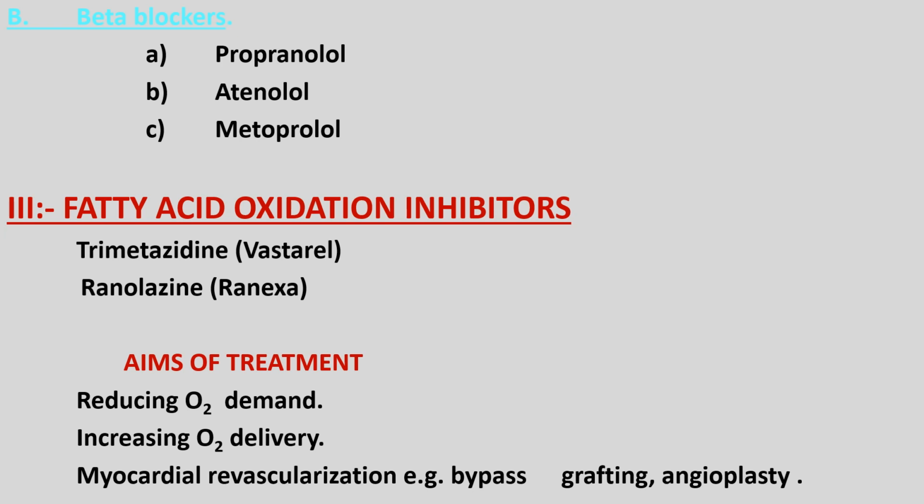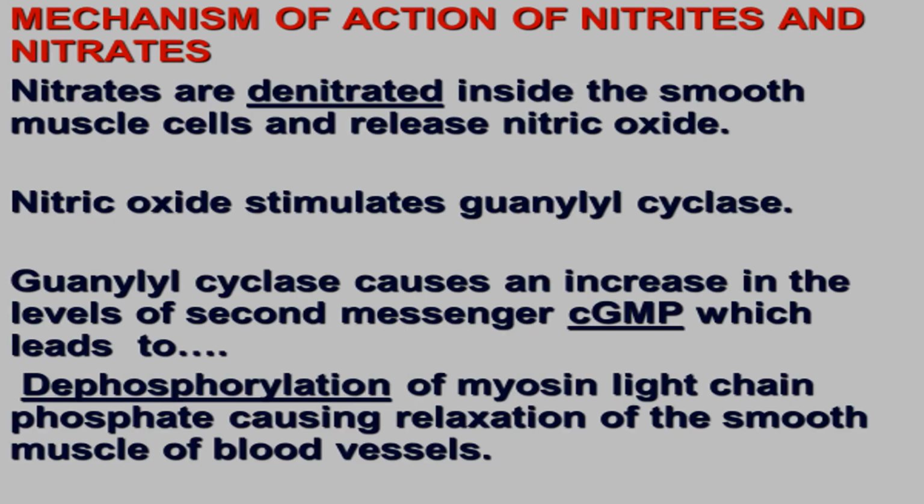So having said all these drugs, the aim of our pharmacological treatment of angina is to reduce oxygen demand by the heart and to deliver more oxygen to the heart. The non-pharmacological methods are myocardial revascularization, for example bypass, for example angioplasty, right?